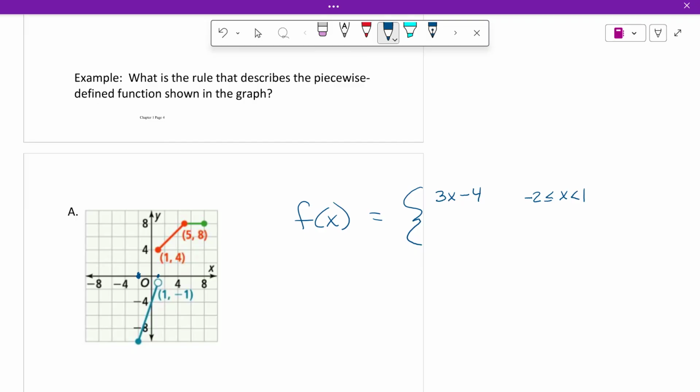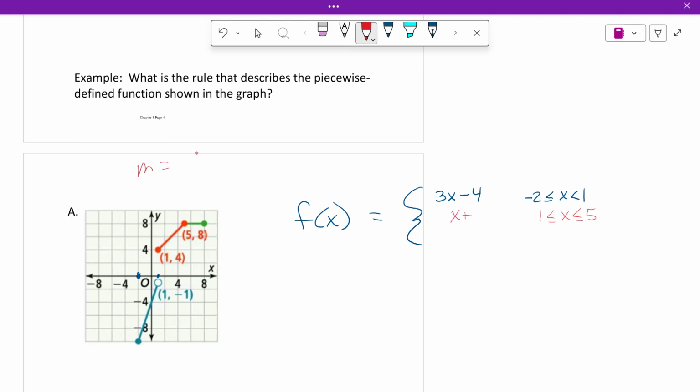This one, the red one, goes from 1 to 5, and its slope is 1, so it would be just x plus, I guess we got to figure out the equation for that.